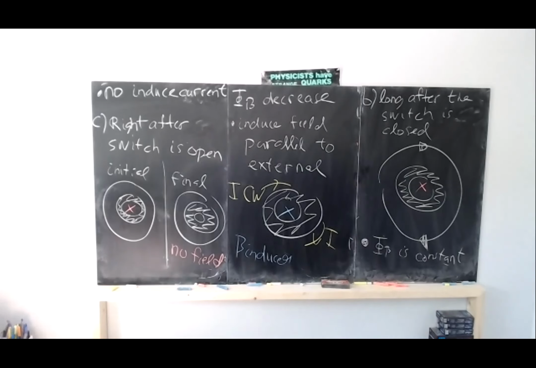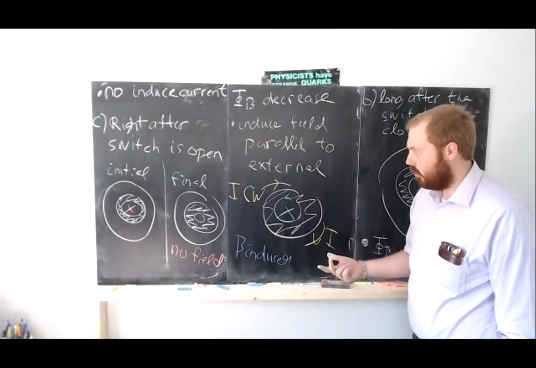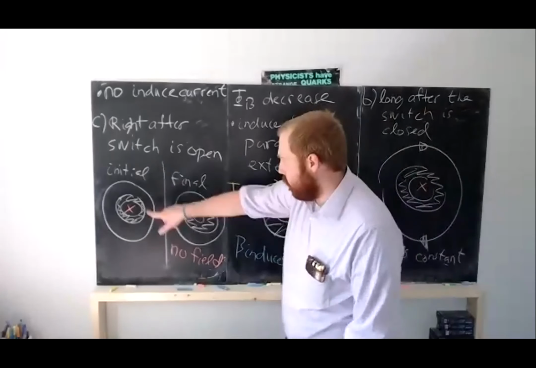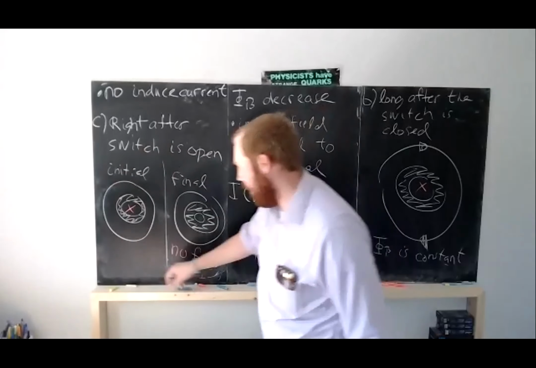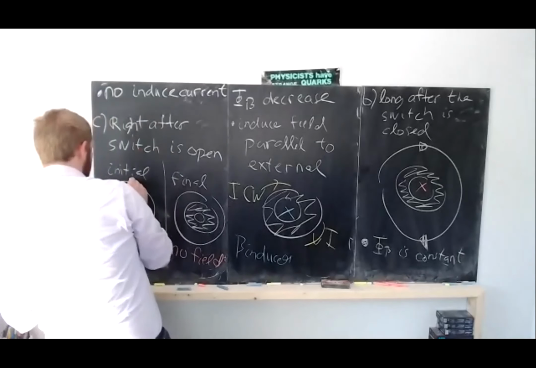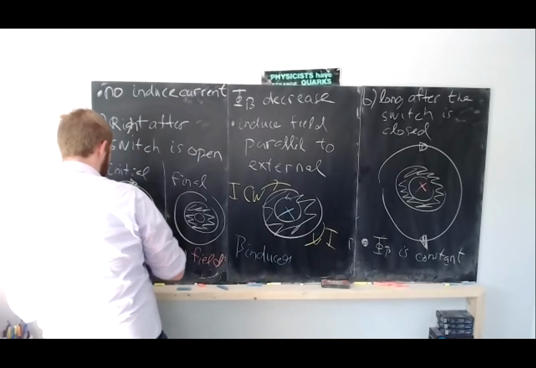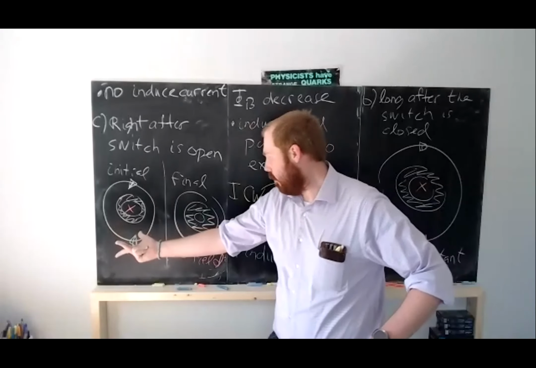Professor, use an X in both drawings. Let's see here. Yeah, that's right. So on this one, before, the switch was closed, current's flowing in the big loop, and I see current going into the board.